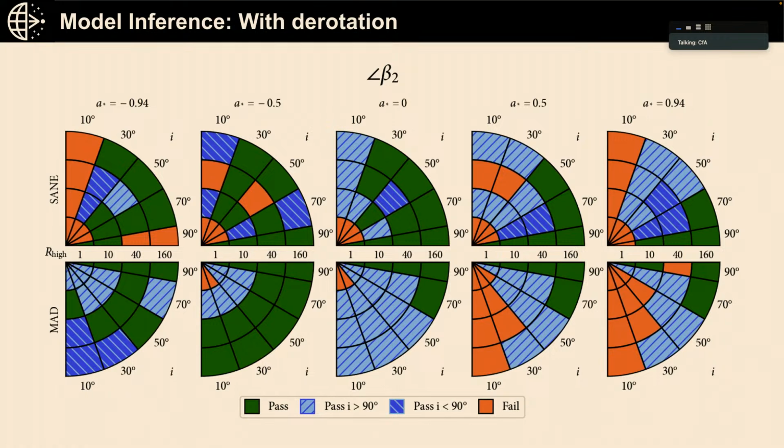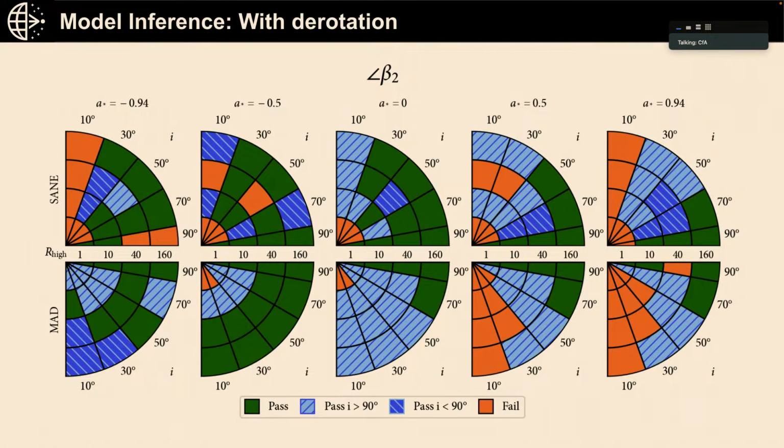So this is the scenario when all of the Faraday rotation is happening far from the black hole, where it isn't intrinsically captured in our simulations. So we derotate first before comparing. And now you see that many more of these inclination greater than 90 models are passing, corresponding to a clockwise accretion flow.